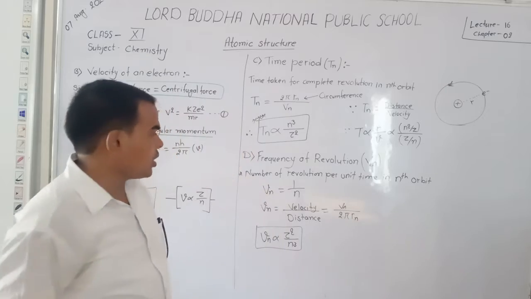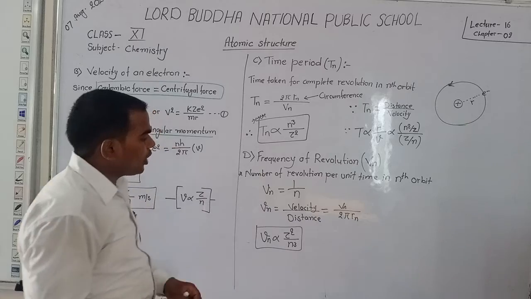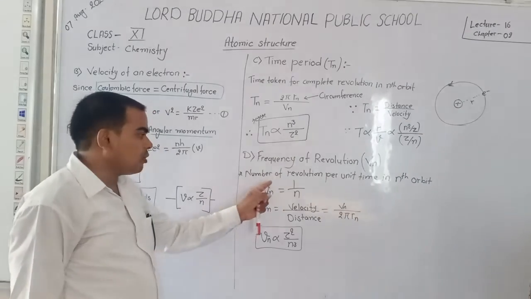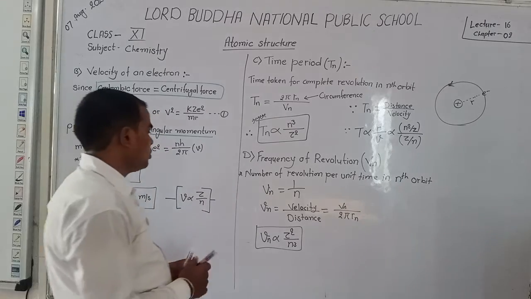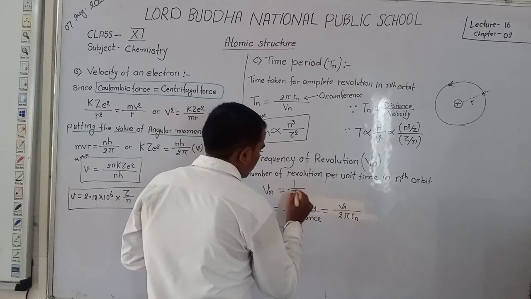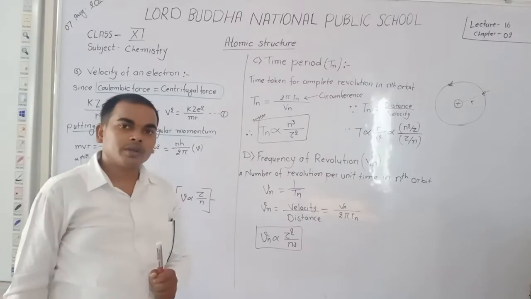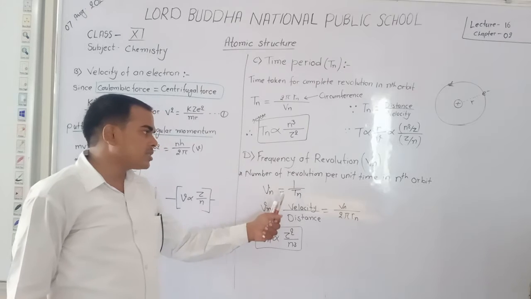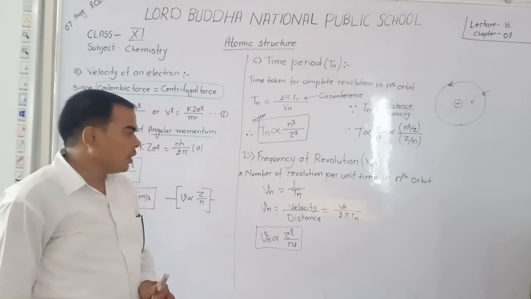Okay, dear student, observe here that the frequency, that is vn, is inversely proportional to Tn, the time period. The frequency is the inverse of the time period. Always remember, the frequency of an electron is the inverse of the time period.